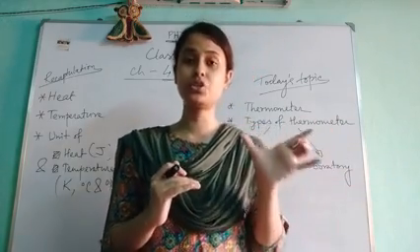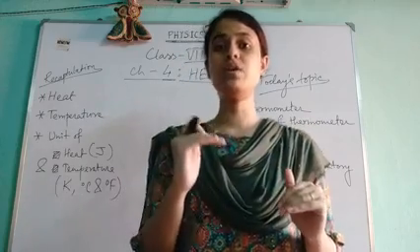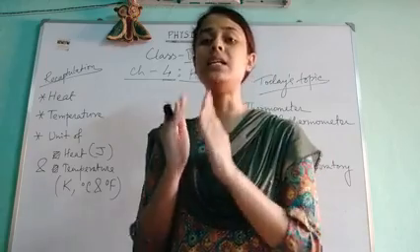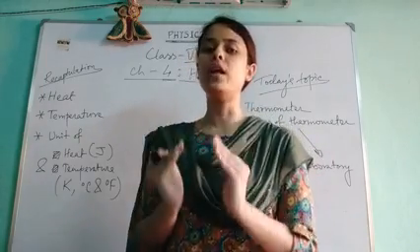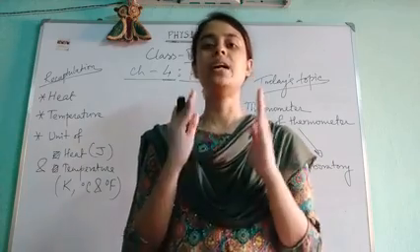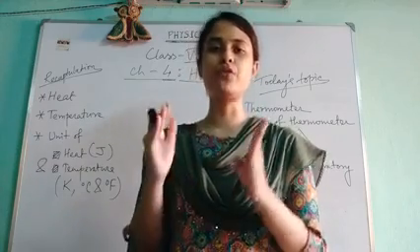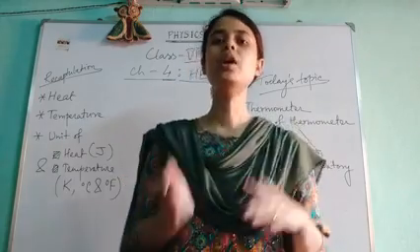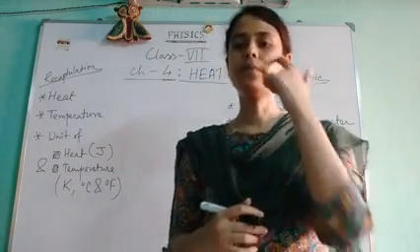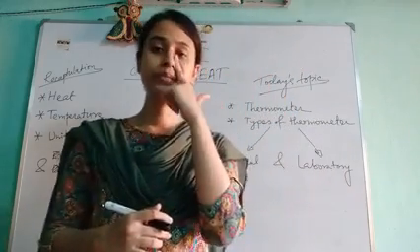Yes, this is to be marked, that the tea will lose its hotness to the surrounding, because the heat from the tea will flow to the surrounding. So that's why the heat always flows from higher temperature to the lower one. Okay, got it? So now we will discuss the thermometer.